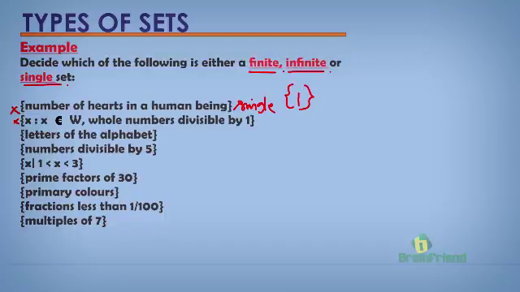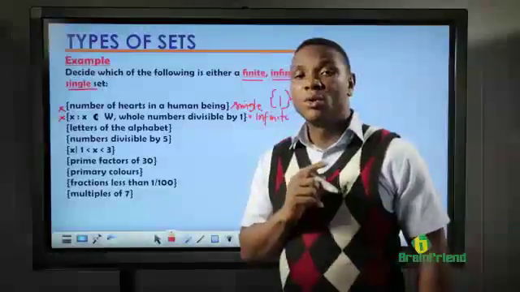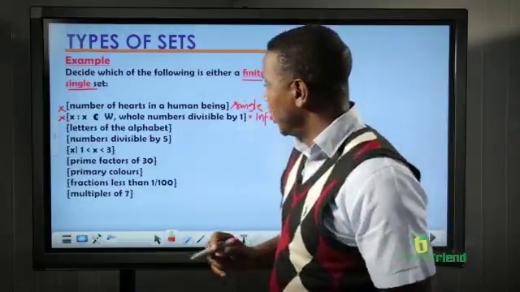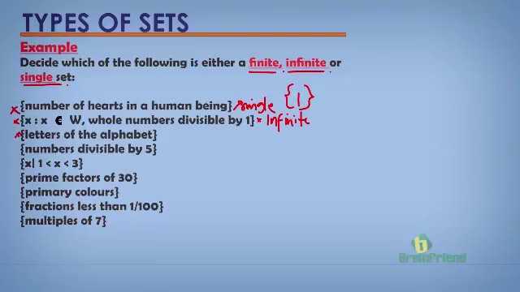So we are more or less listing all the numbers which we refer to as our counting numbers. Such a number is too large to comprehend or to count, and so we refer to this kind of set as what? An infinite set. A set that goes on and has no end. Let's take a look at our third example.